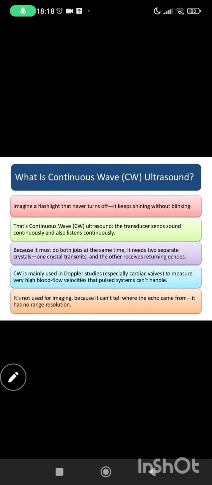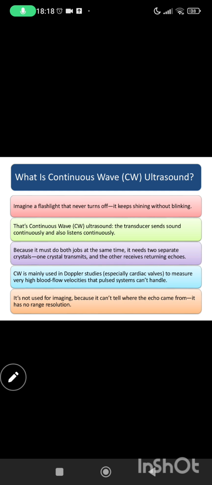CW Doppler is perfect where there is very fast moving blood through a heart valve or vessel. Why?